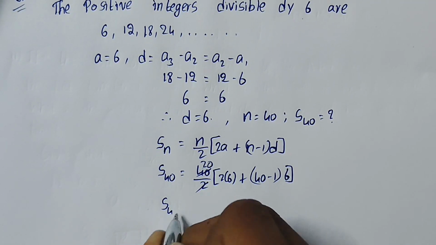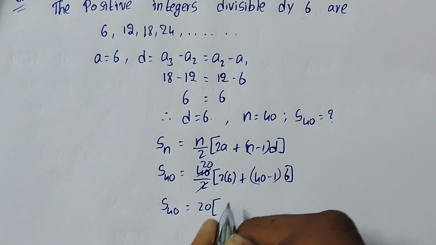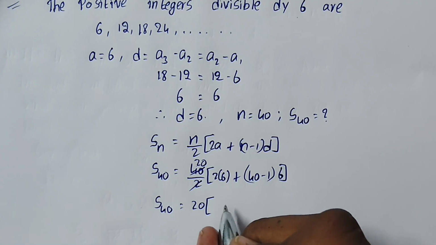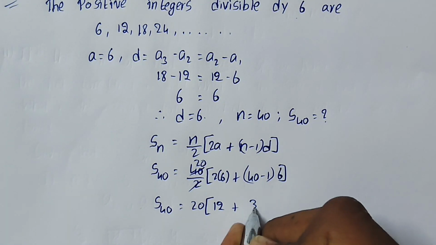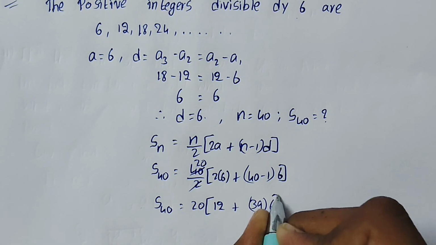So the sum of 40 terms is equal to 20 into 2 sixes are 12 plus 40 minus 1, which means 39, into 6.